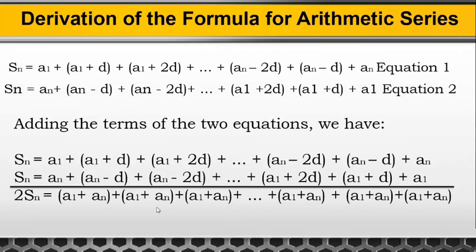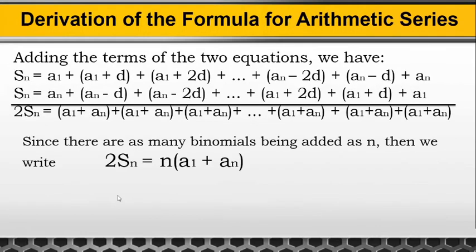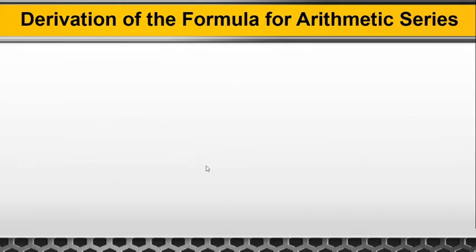So this is almost a similar concept with how Gauss arrived at his answer. So it will now lead us to this equation. Since there are as many binomials being added as n, then we write 2Sn is equal to n times the sum of A1 plus AN.